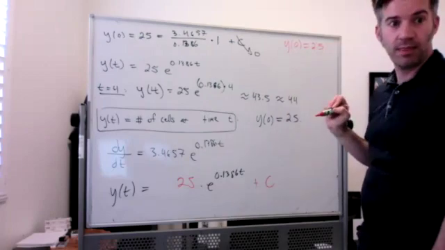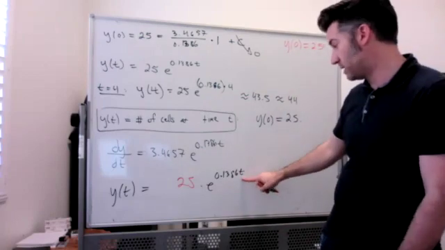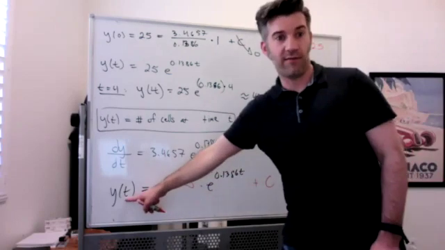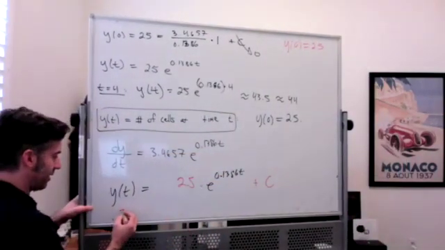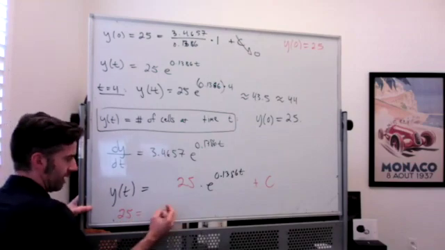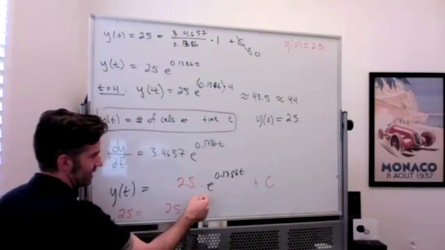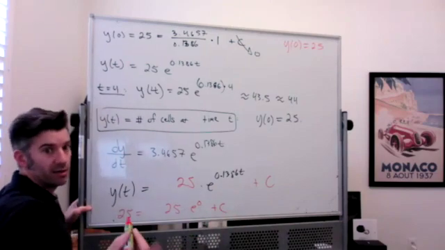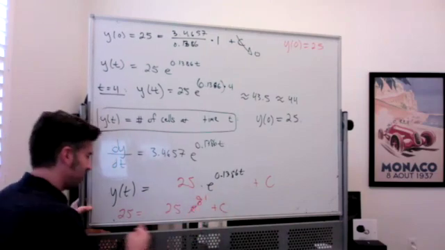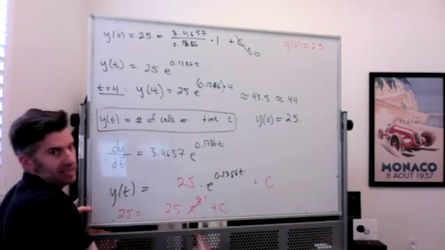So when I plug in 0 for t, I get 25 for y, and I get 25 times e to the 0 plus c. But e to the 0 is 1, so 25 equals 25 plus c, so c is 0.